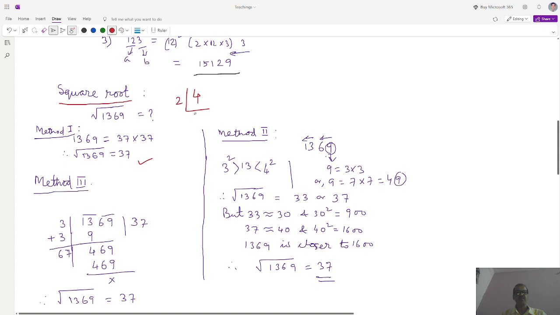Then we get 2 into 2. Here a pair of 2 comes. So the square root of 4 equals the square root of 2 into 2. In 2 into 2 there is a pair, so one 2 will come out of the square root. That is 2. So root over 4 equals 2. Understand?